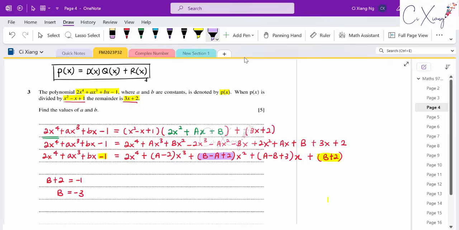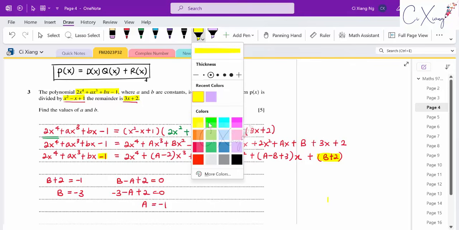That means the coefficient is equal to 0. So b minus a plus 2 equals 0. Since I know the value for b is negative 3, I'm having negative 3 minus a plus 2 equals 0. From here, I get the value for capital letter A, which is negative 1.